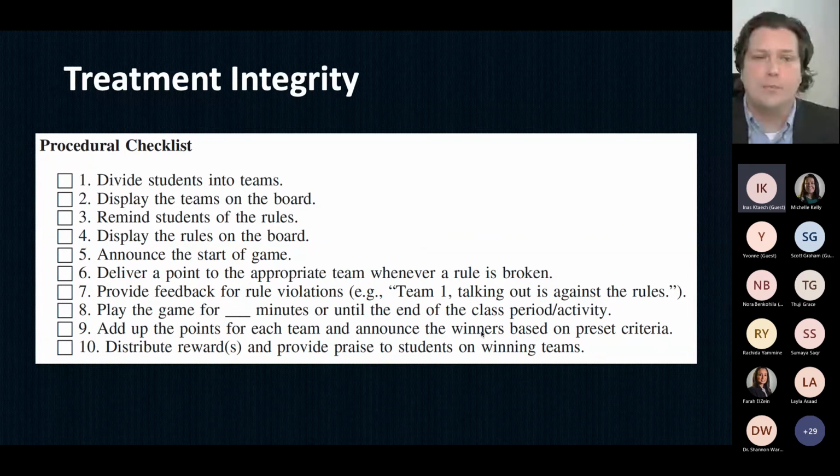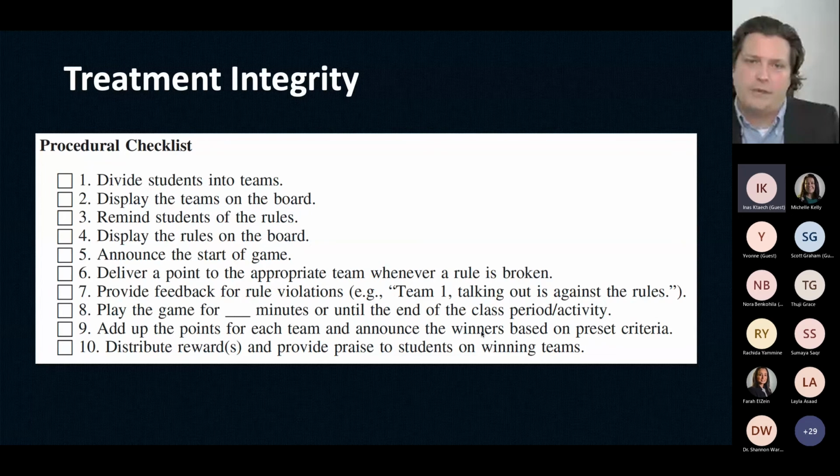We put the students into teams, write the teams on the board, remind the students of the rules, write the rules on the board, announce that the game has started. Throughout the game, we're delivering points to teams when rules are broken, providing feedback for rule violations, playing the game until the end of the class period, adding up the points and announcing the winners, and then distributing rewards and praise to students on winning teams.